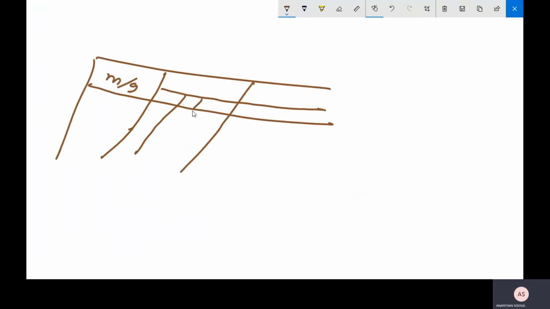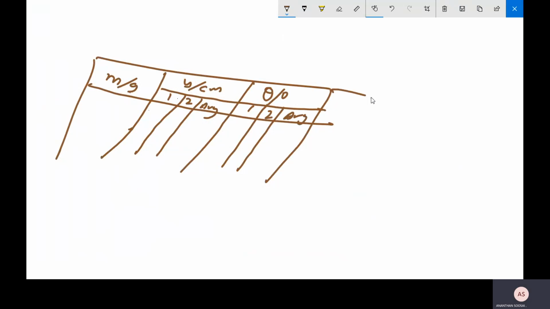You need to repeat y because of the manipulated mass. y in centimeter, 1, 2, average. Then theta, you also repeat, to average. Then the calculated quantity, in degrees /g. I hope your table looks like that.